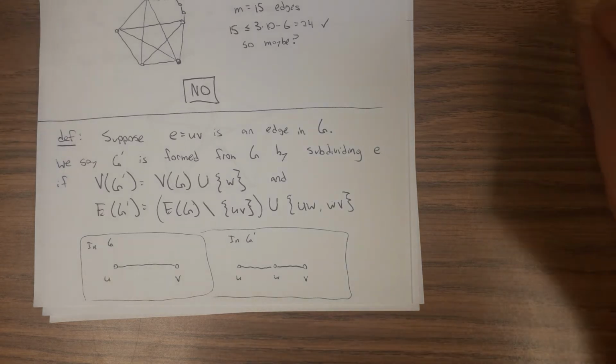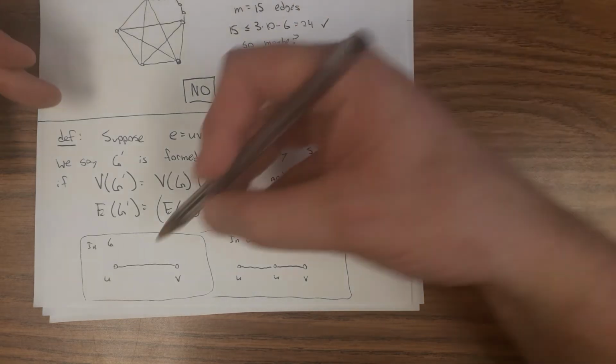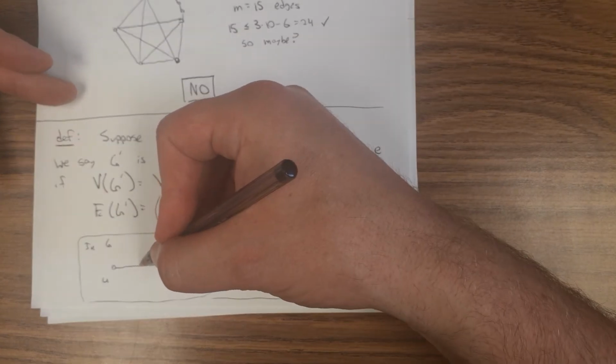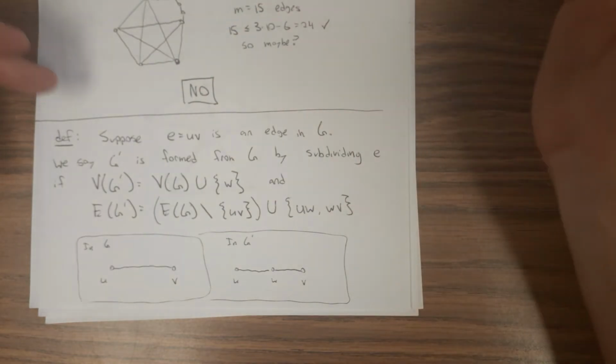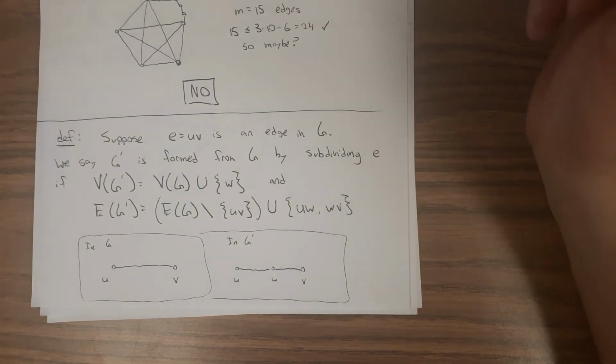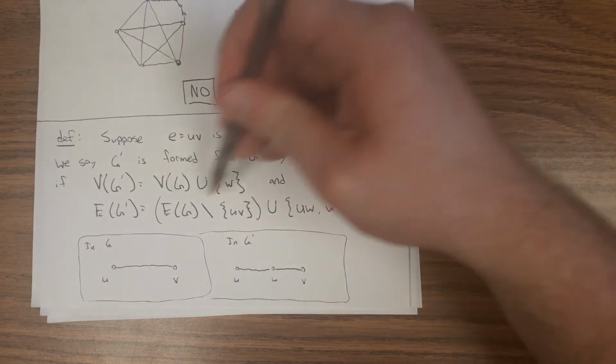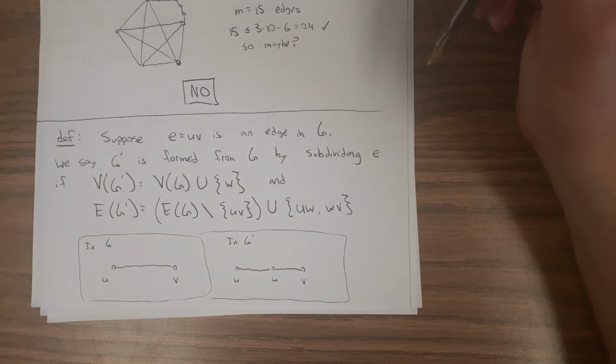So visually it's as if I just took this picture and drew a dot in the middle of this edge and called it a vertex. So it's a lot more intuitive than this technical description makes it look.